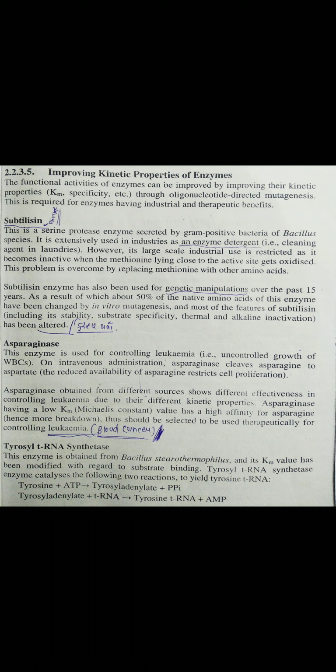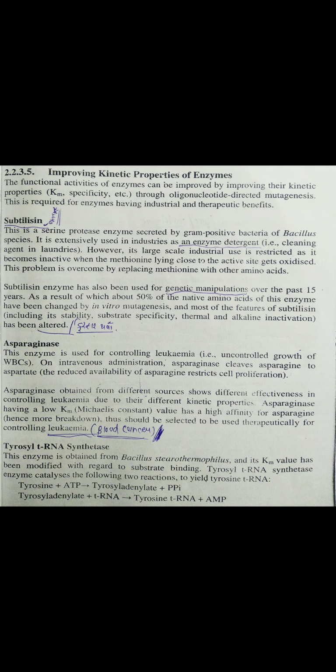Now IV administration of asparaginase cleaves asparagine to aspartate, and this asparaginase is obtained from different sources. So it shows different effectiveness in controlling leukemia because it has different properties due to its origin.